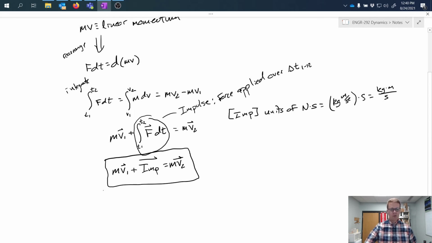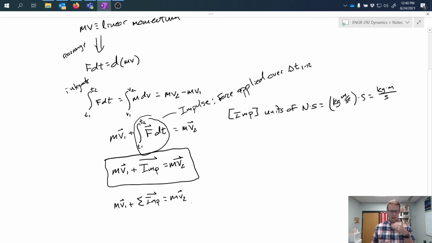Now we should also note that I can write this as a summation of impulses, meaning that it doesn't have to be just one impulse having an impact here. We can have more than one force involved. So the equation could look like that, with those several forces being added together.